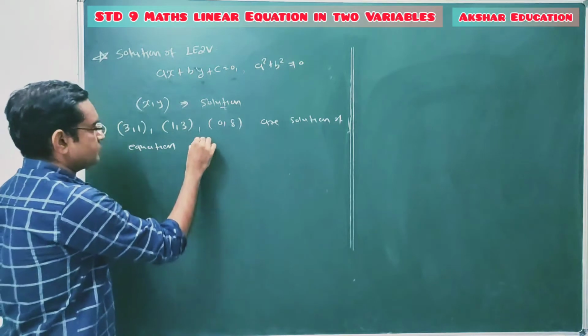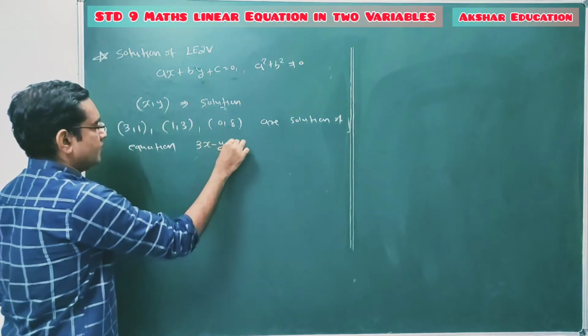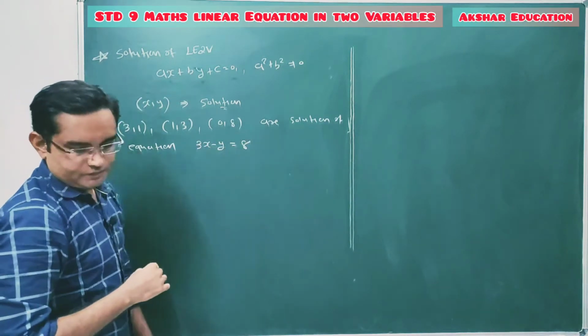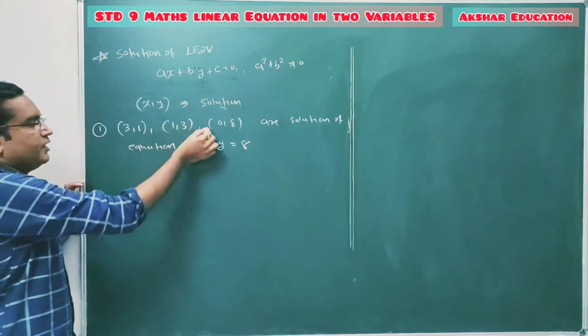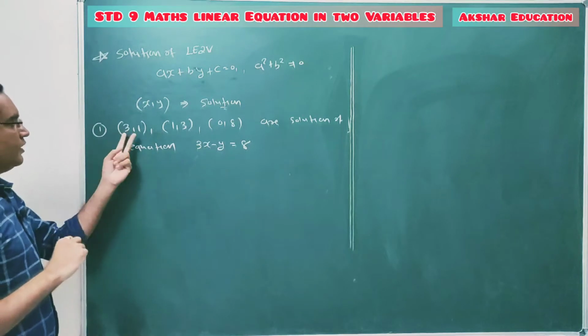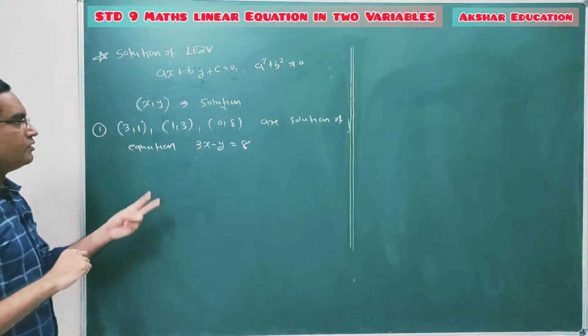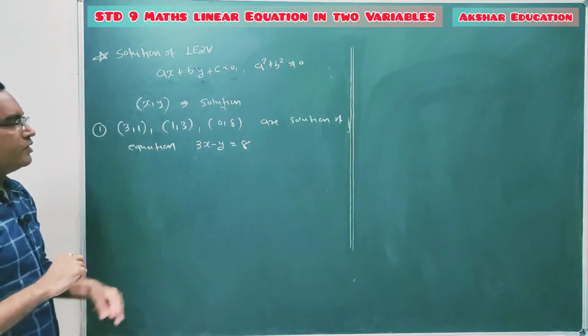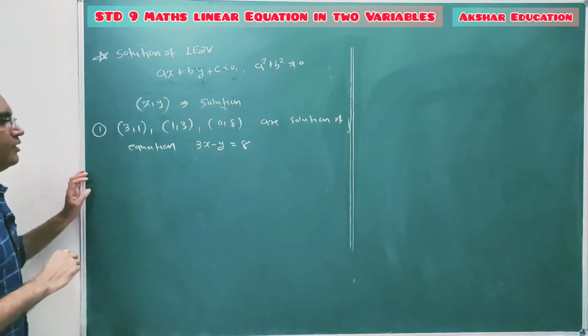So here three ordered pairs are given. These are the values of x and y. We have to check whether (3, 1) is the solution of this given equation, whether (1, 3) is, and whether (0, 8) is.